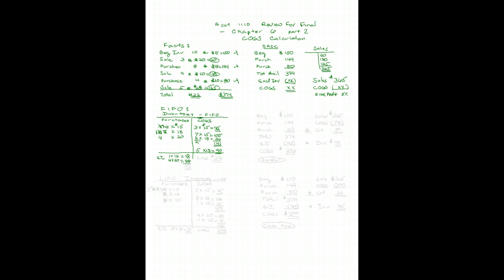So I have a total of 4 times 20 equals 80, huh? Pay attention. 80 plus 18 is 98. So in ending inventory, I have $98. So there's my ending inventory balance.